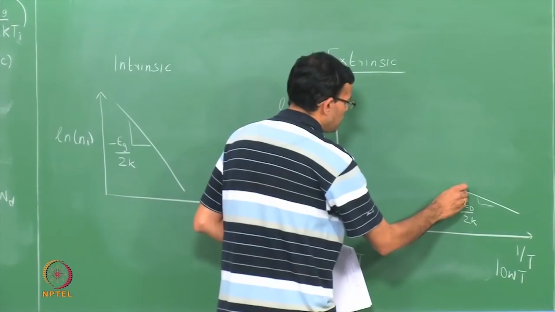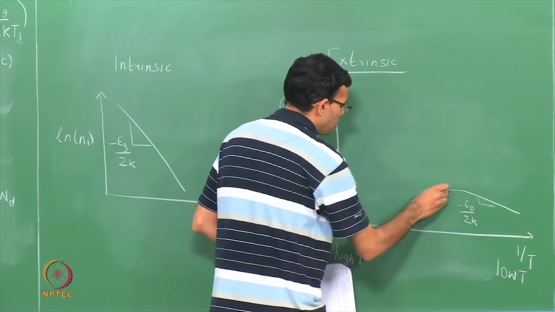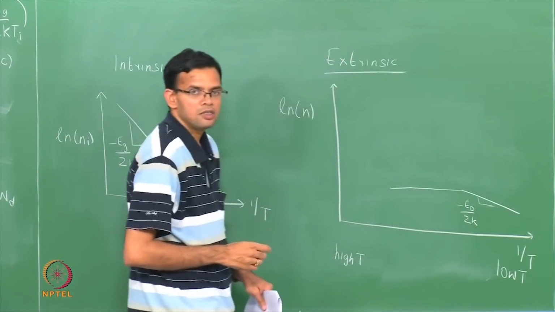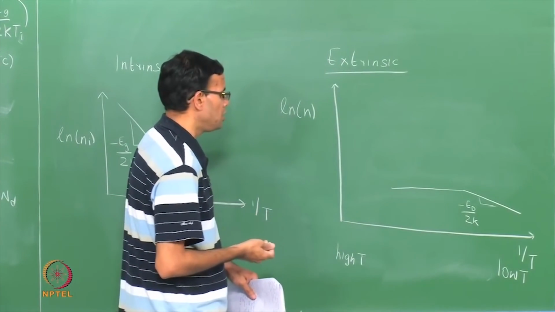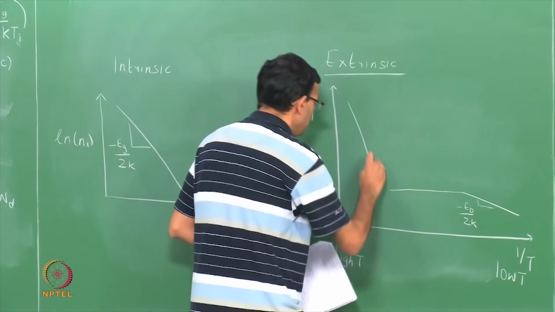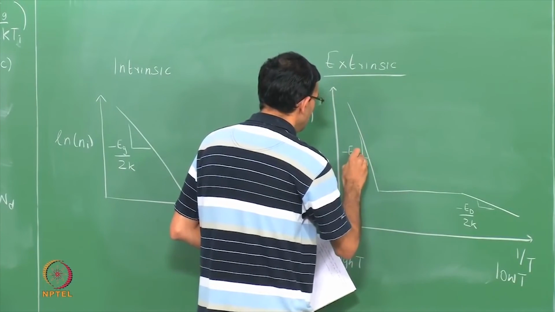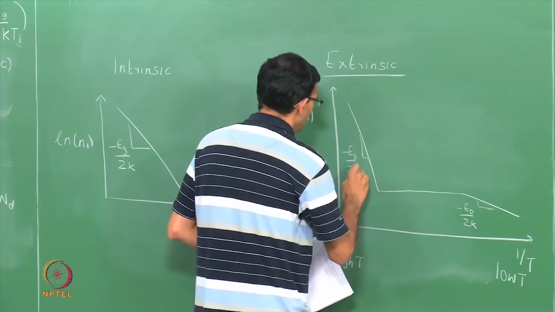Then we have a situation where the donors are all ionized and your carrier concentration is almost a constant. At some high temperature we are going to get new carriers from the valence band. The material behaves like intrinsic. So, this is minus Eg over 2k.